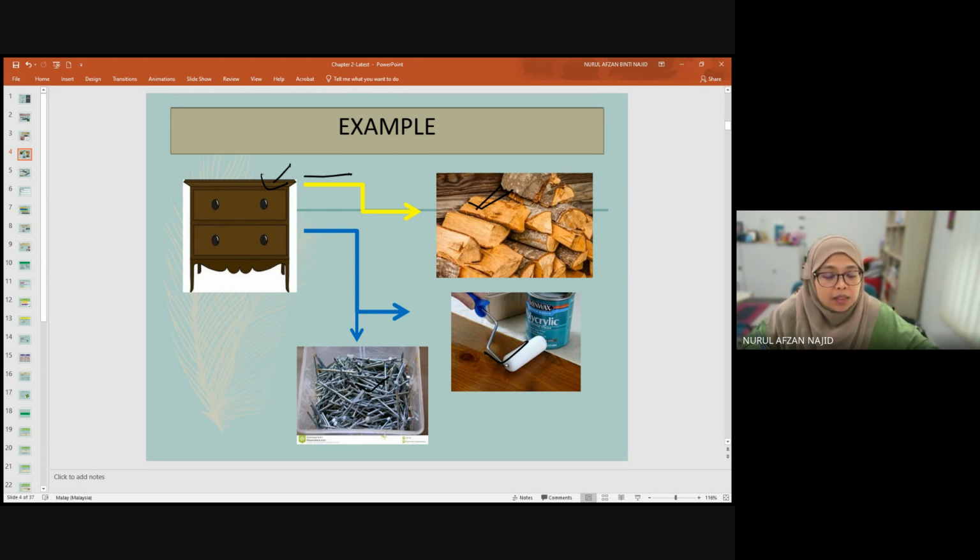Kenapa kita categorize sebagai indirect material? Sebab dua benda ini adalah secara dia adalah small ataupun minor part in finishing product, finished goods. Okay, kalau tak ada paku, tak ada masalah. Mungkin jadi perabot tu, cuma tak berapa nak kukuh. Ataupun kalau paku tak ada, mungkin kita boleh gunakan gum.